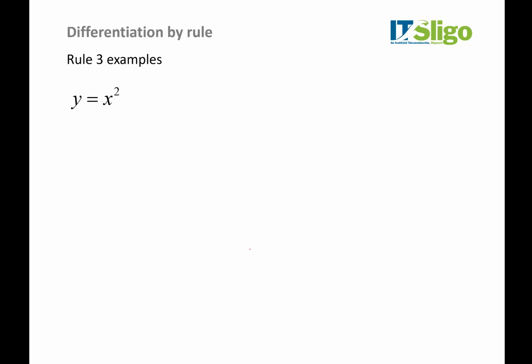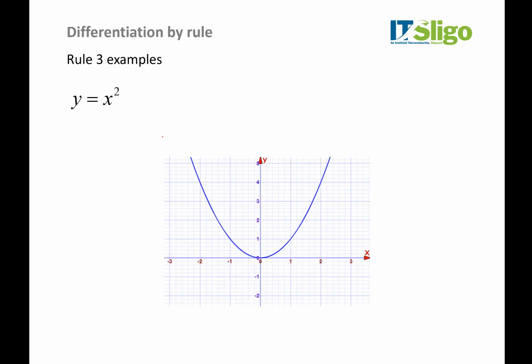Here we have y is equal to x squared, so dy/dx. Bring down the power, and then add minus 1 to the old power, and we get 2x.